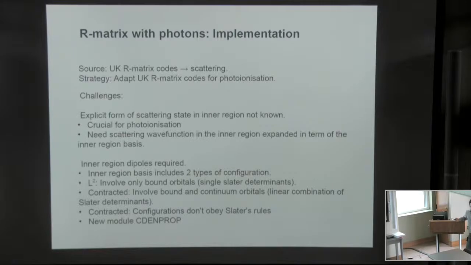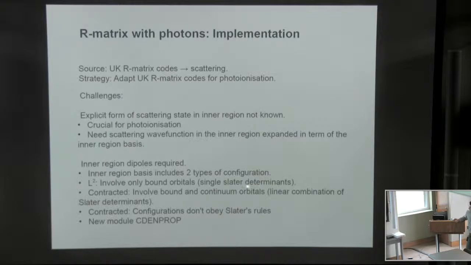dipoles between those inner region wave functions. And the problem here comes from the fact that you have two different types of basis function in that expansion. One is the L squared, as I showed you, and the other is the ionic state times a continuum orbital. And the problem is that the ionic state is actually a multi-configurational state. In general, it's produced by some CI procedure.